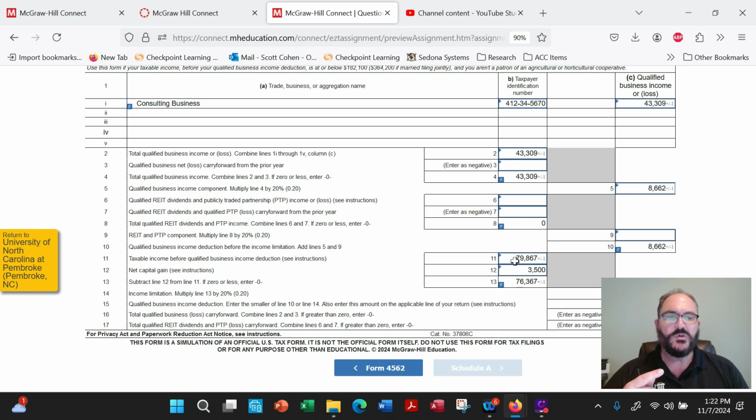Whatever taxable income was before that, this would wind up getting populated by the software. This is coming in from the W-2, okay? And so this total here, all these different things, this net capital gain, they're subtracting that out, and so this is coming over from the 1040.